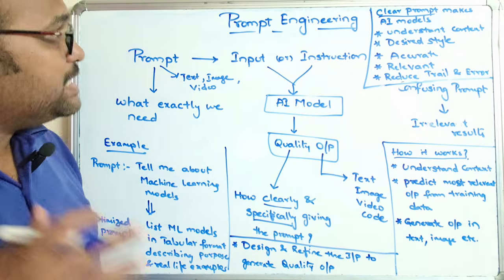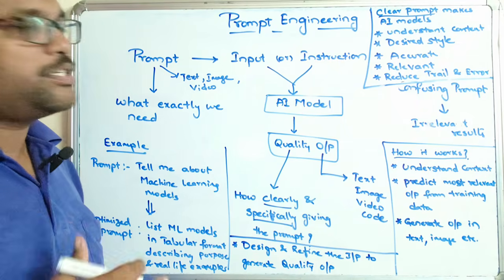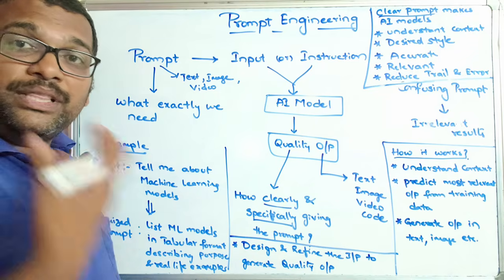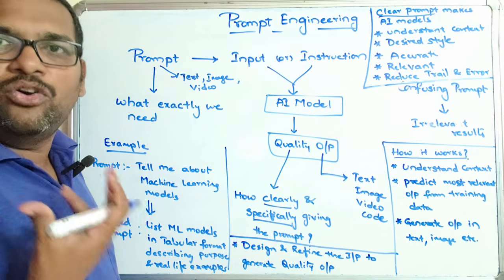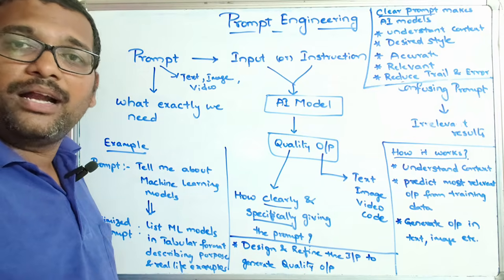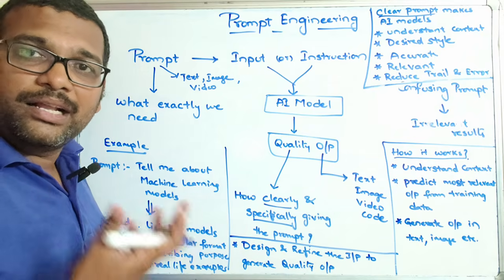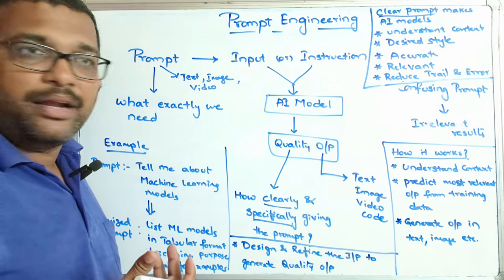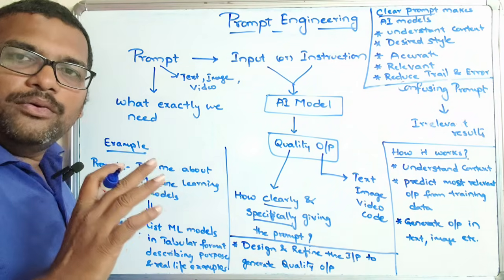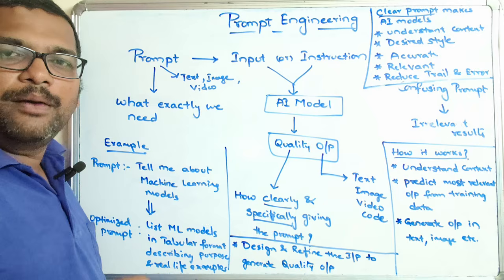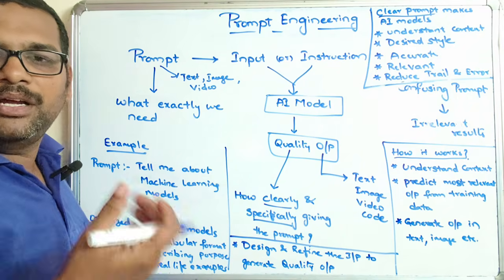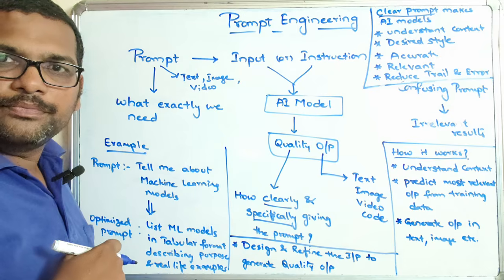So hope you understood what is a prompt and what is the importance of prompt engineering. This is the most important, because without the input we can't get the output. That means the image format or text format or video format we can't generate. Okay, we can't get the complete quality data. So the complete output what we require will depend upon the prompt. Okay, so how we describe the input.